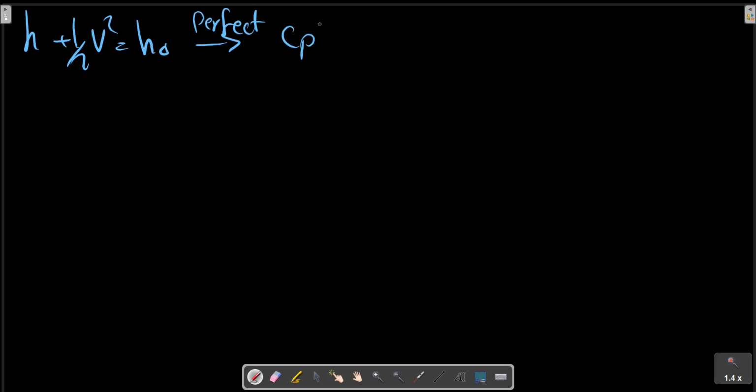So we can write the equation again. Here we have this relation for stagnation enthalpy for the perfect gas, h0 equals cp T0. This establishes the stagnation temperature T0 of the adiabatic perfect gas.